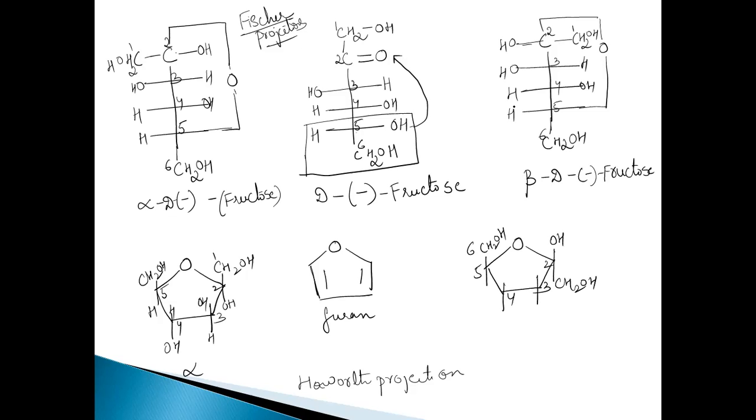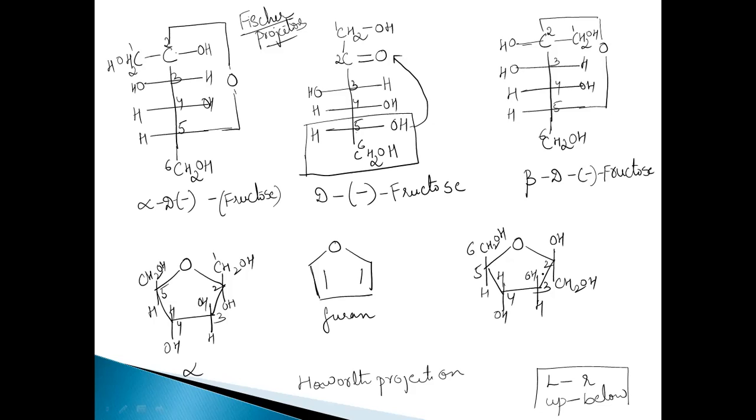Right? So in the Fischer projections, we have left, right. In the Haworth projections, up and below. Right? So if you remember this, you can write any structure. So OH, H, OH, CH2. So these are the Fischer projections and Haworth projections of fructose.